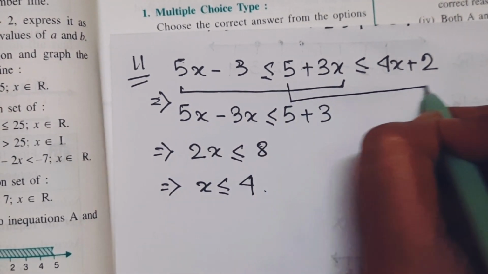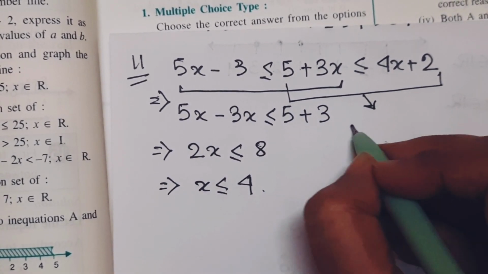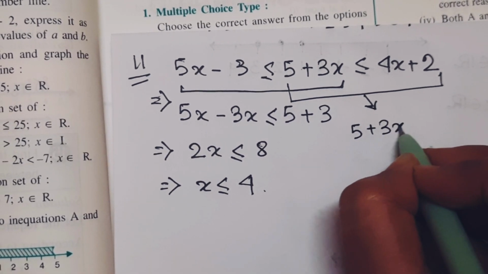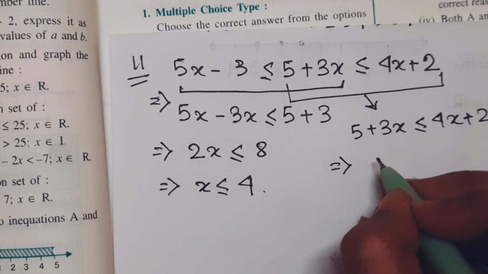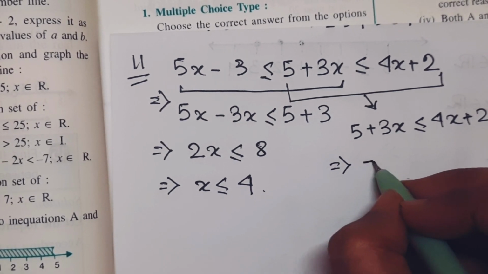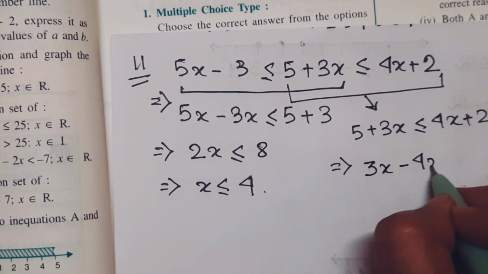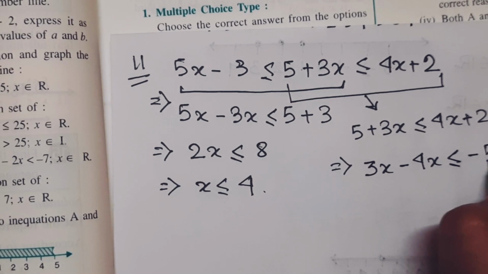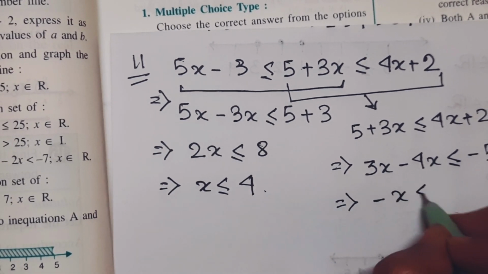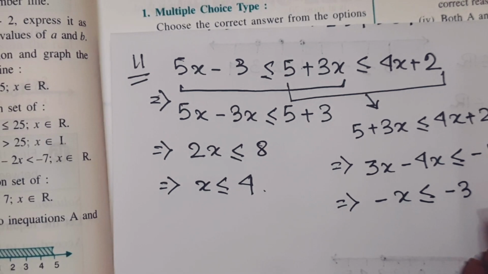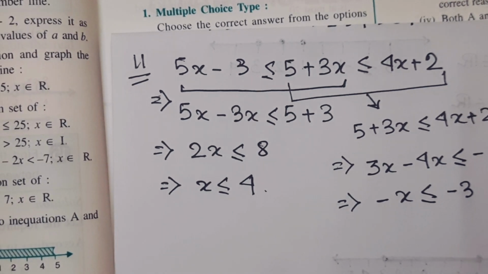Now if you consider the last two parts, you will get 5 plus 3x is less than or equal to 4x plus 2. 3x minus 4x is less than or equal to minus 5 plus 2. So minus x is less than or equal to minus 3.